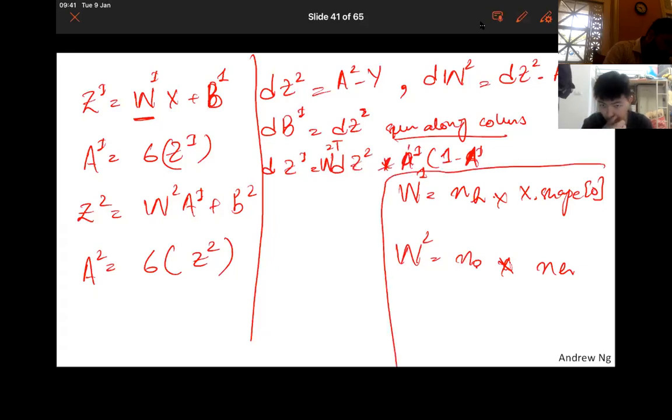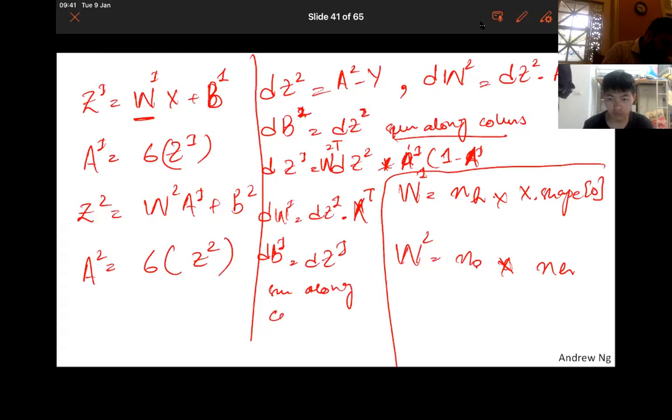Then dW1 would be dZ1 matrix product X transpose, and dB1 would be dZ1 summed along columns.